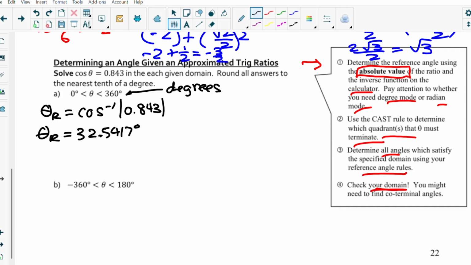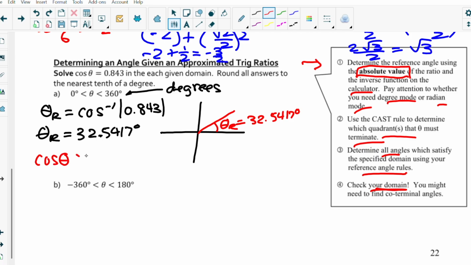Okay, and then draw your coordinate axes for a reference angle of 32.5417 degrees, right? I said cosine of theta is greater than 0, and that's in quadrant 1 and quadrant 4. So in quadrant 1, the angle is just, let's round to the nearest tenth, 32.5 degrees.